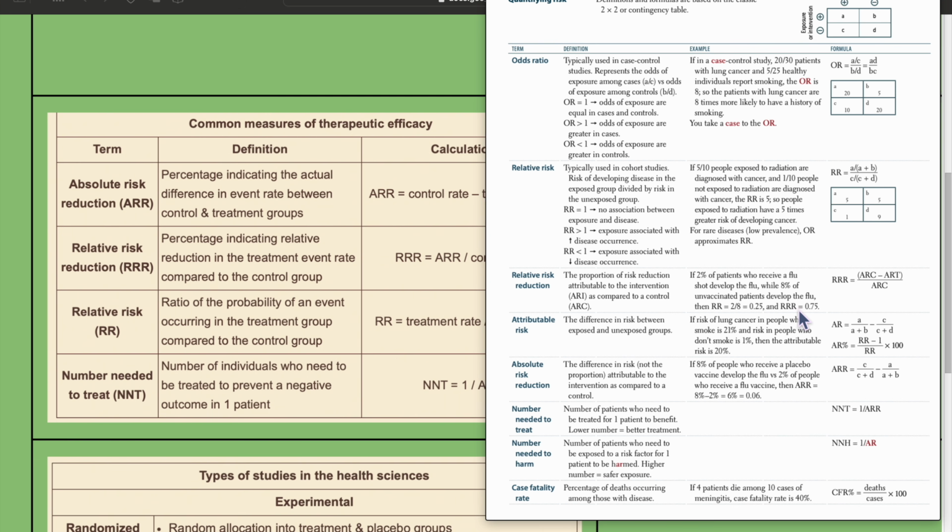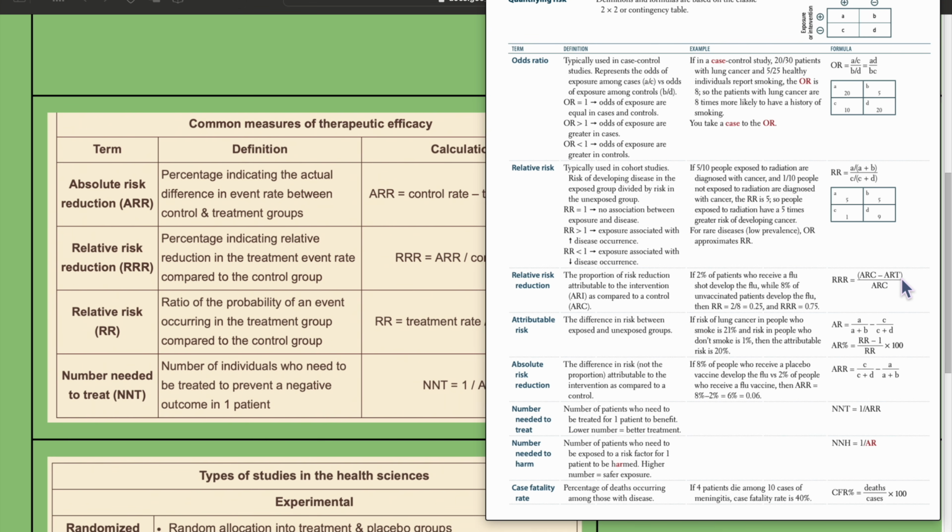So relative risk reduction was 0.75 or 75%. Okay, so risk ratio was 2/8, and then you do 1 minus that, and then you get that, right? So 1 minus RR, that was the old formula, right? 1 minus RR divided by RR times 100, and then this is the new one.